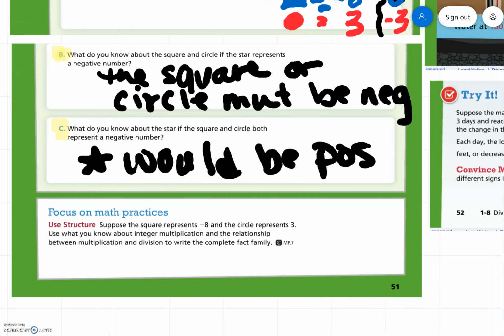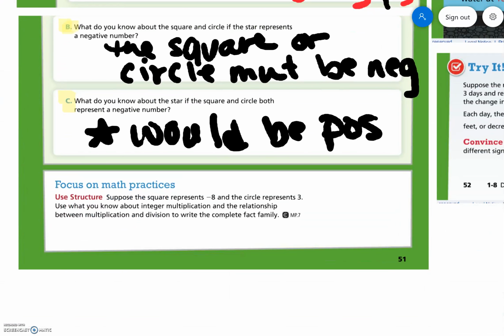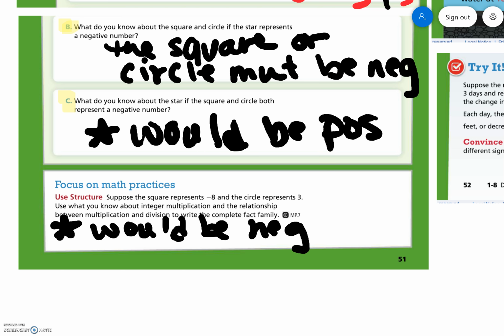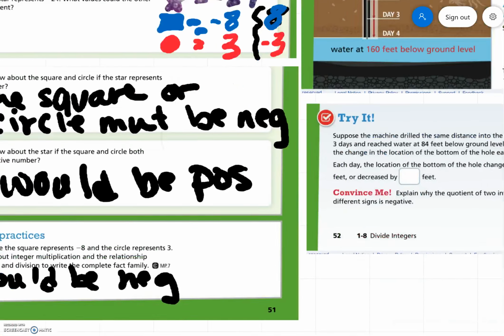Let's focus on math practices. Suppose the square represents -8 and the circle represents 3. What do you know about integer multiplication and the relationship between multiplication and division to write the complete fact family? Well, the square is -8 and the circle is +3, which means the star would be negative. And we can write this fact family down.